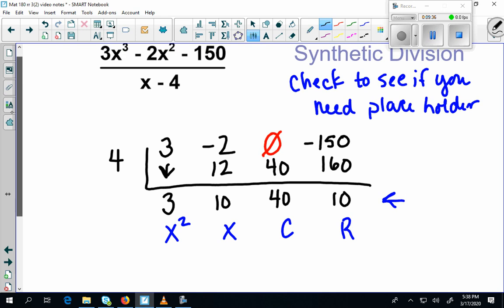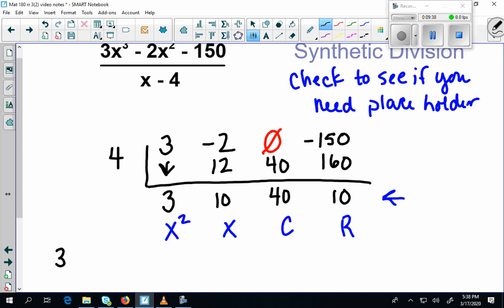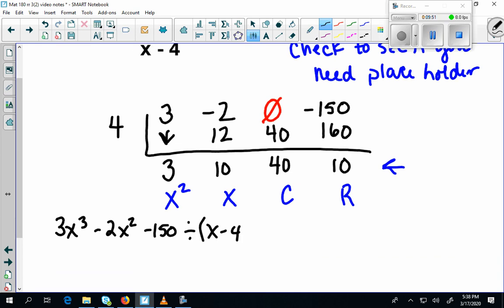So let me write down the whole problem. 3x cubed minus 2x squared minus 150 divided by x minus 4 is equal to 3x squared plus 10x plus 40 is our constant.